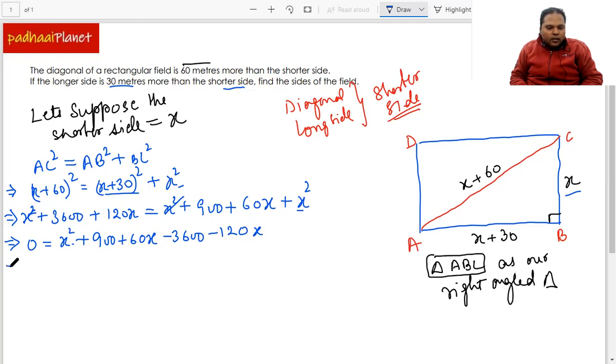Now we can further simplify: x square, and 60x minus 120x makes it minus 60x. And 900 minus 3600 makes it minus 2700. So this becomes x square minus 60x minus 2700 is equal to 0.